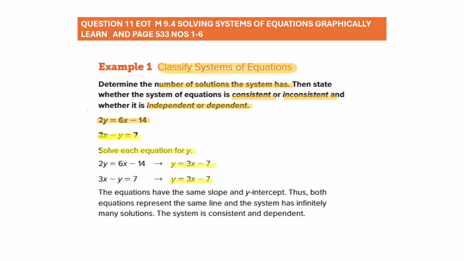So what can we deduce after that? We can say that the equations have the same slope. Once again, where is the slope? The slope is the 3. The variable before the x is the slope. And we can see that both equations have the same slope. And then the next one is that they have the same y-intercept.